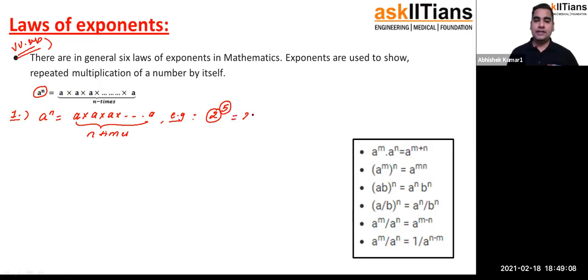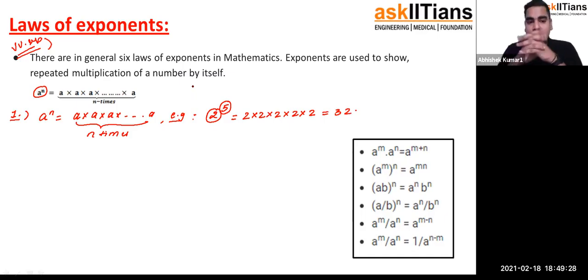So this is same as 2 into 2 into 2 into 2 into 2, and that is going to give you 32. Understood? So whenever you come across a situation like this, a raised to the power n, that means the number which is written in the base needs to be multiplied the times the power is. That's it.